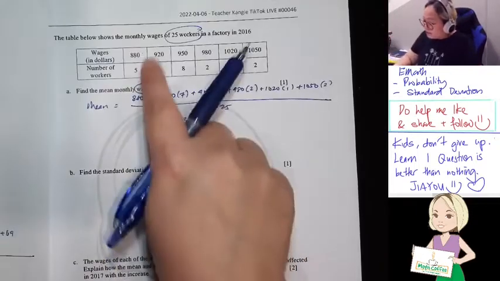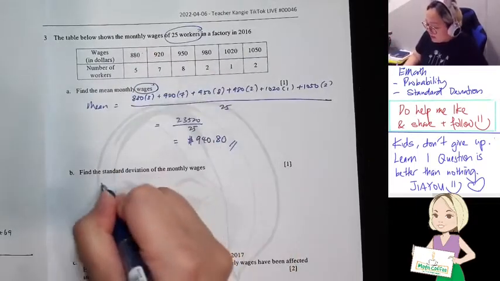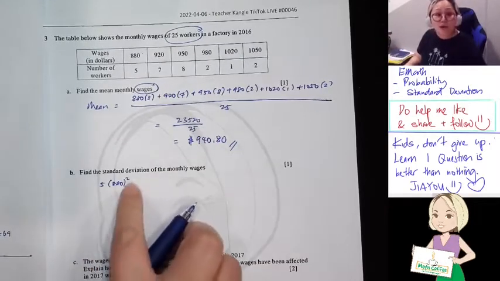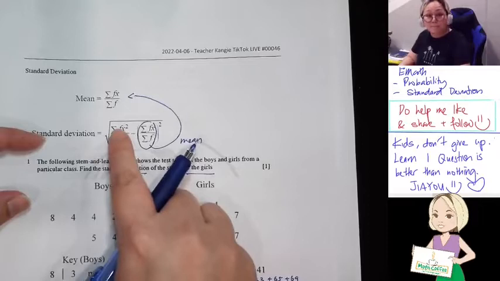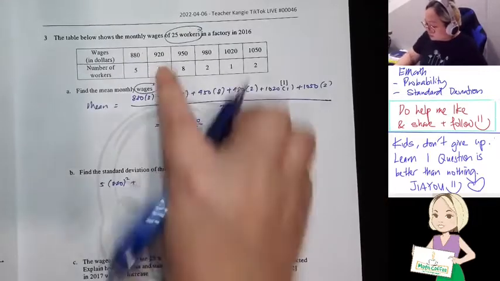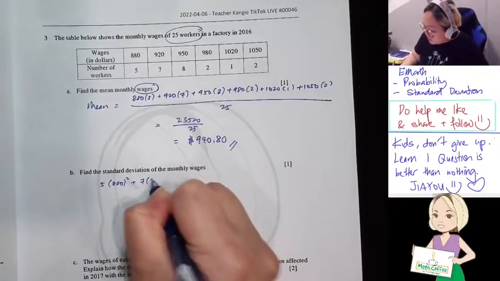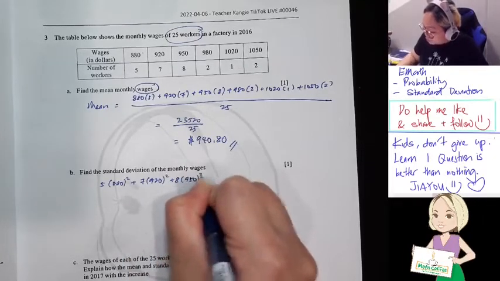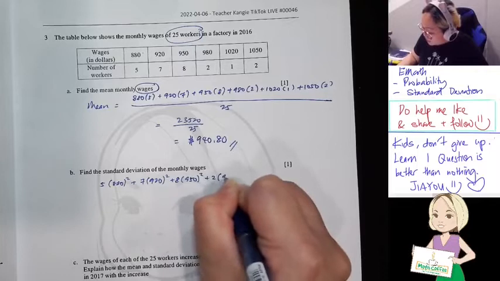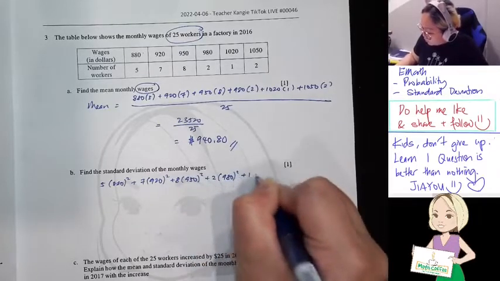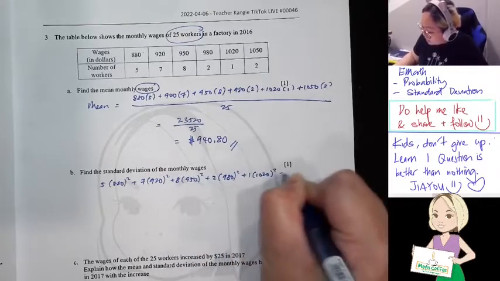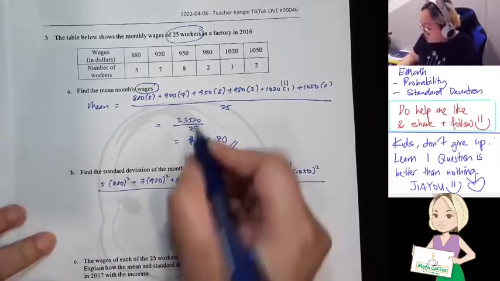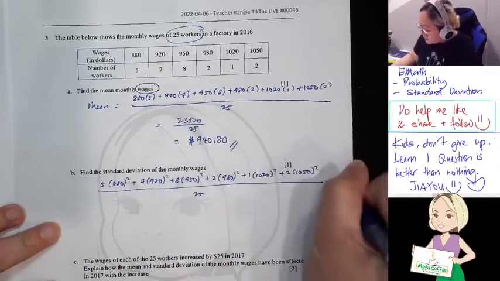So this is called fx squared, and it is the sum. So I'm going to add: 5 times 880 squared plus 7 times 920 squared plus 8 times 950 squared plus 2 times 980 squared plus 1 times 1020 squared plus 2 times 1050 squared, over 25, minus the mean squared.